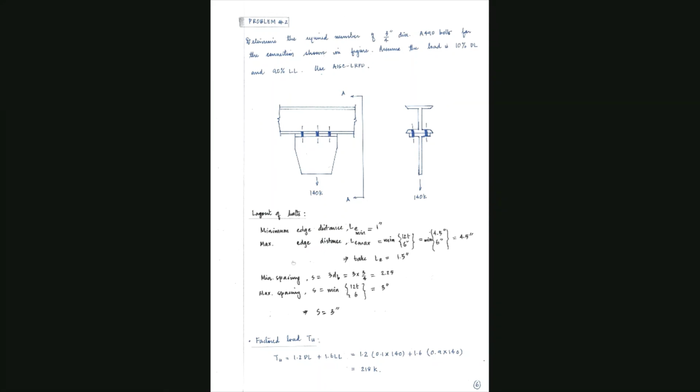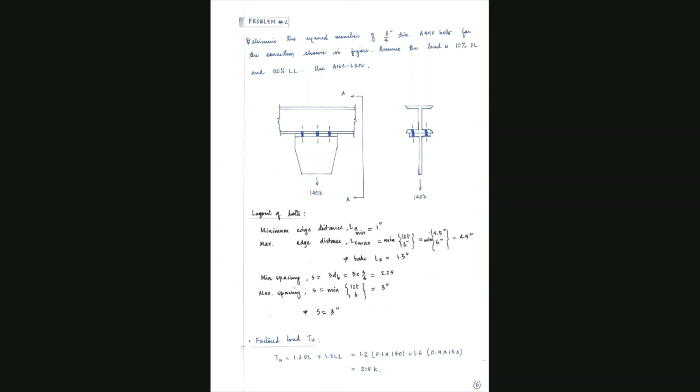This part is actually not required because the thickness of these members is not given to you. So I think this is something that is not required for this problem because thickness of these members is not given. So in your notes I'll be removing them.